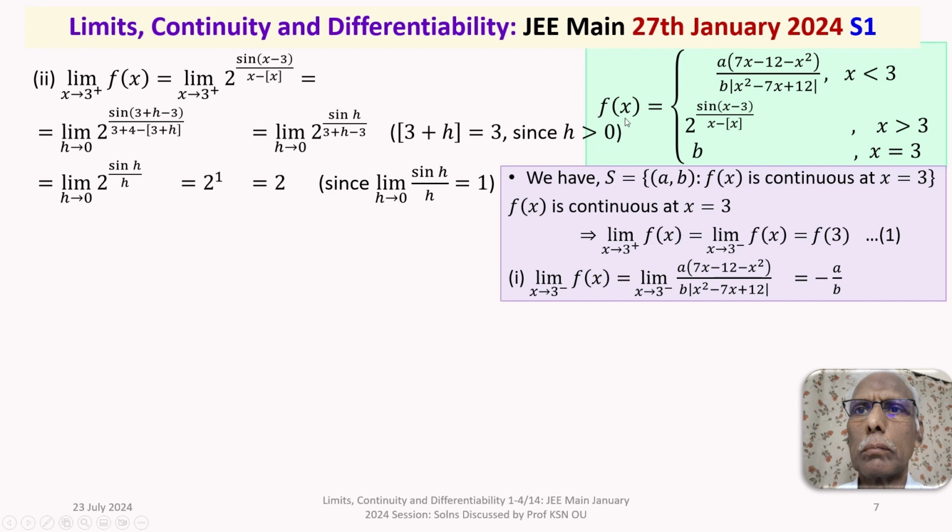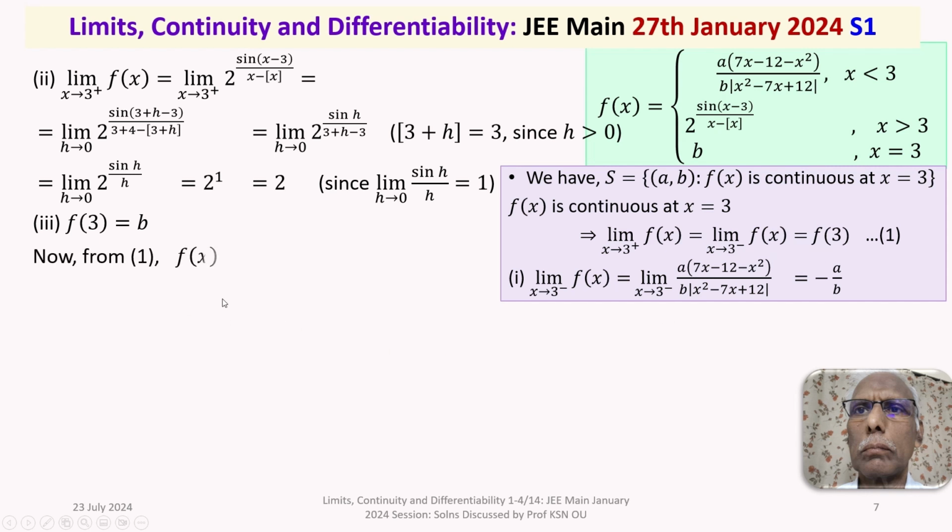And the value of f of x at x is equal to 3 is given to be b. So f of 3 is b. Now recall this equation 1. That is, f of x is continuous at x is equal to 3 if the right limit and left limit both exist and they must be equal to the value of the function f of 3.